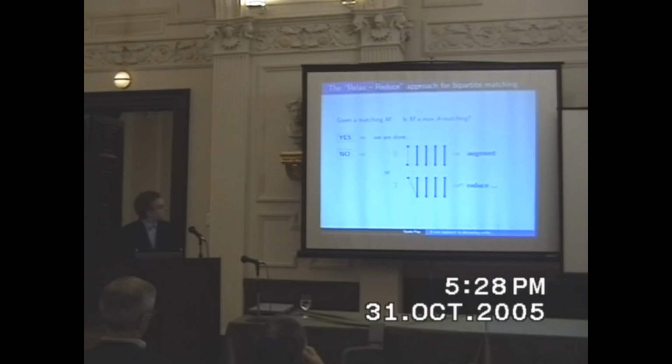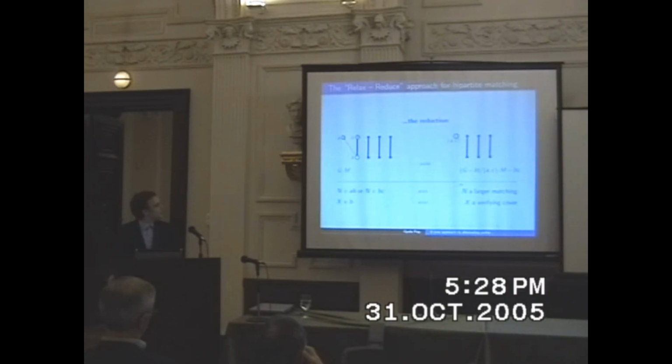The second part of the proof, we construct a reduction for this constellation. We just construct a reduced graph G prime by deleting the white dot and merging the two yellow dots.